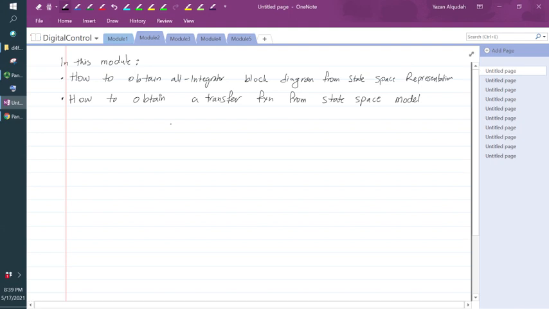So the first topic is state space model to all-integrator block diagram.